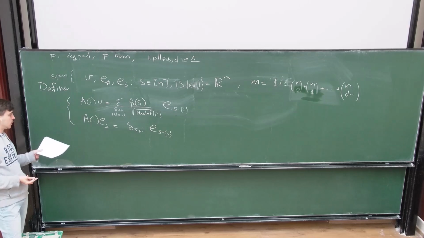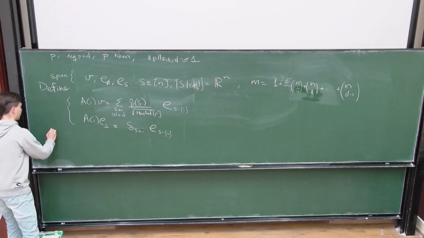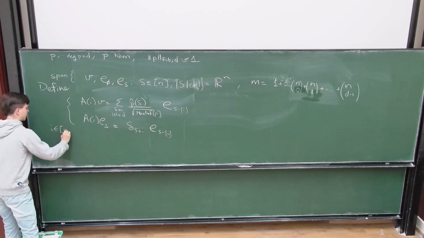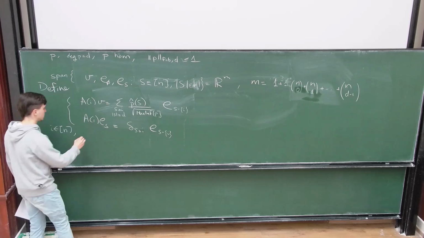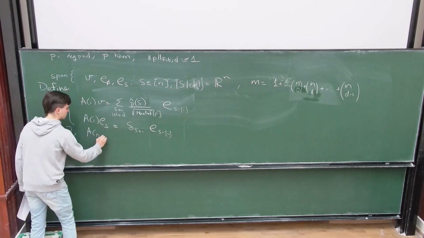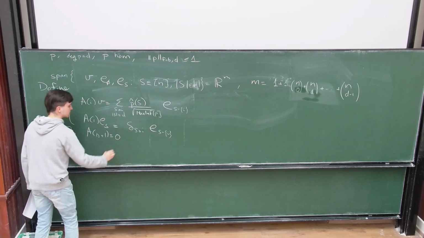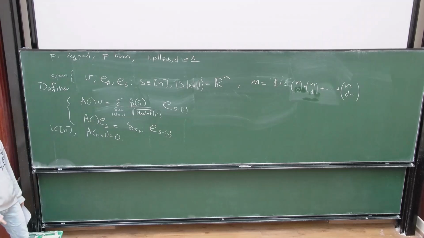And somehow this is the way that I'm going to define A_i for the non-dummy variables and for the dummy variables. So for the empty set, what's the operator for the empty set?